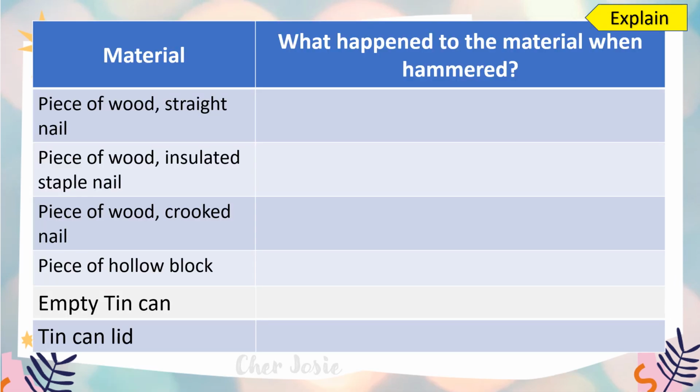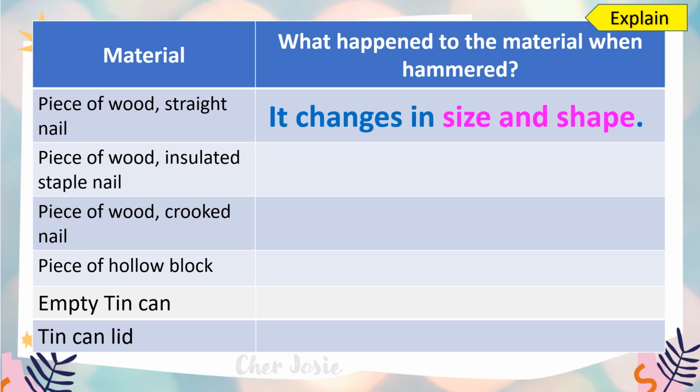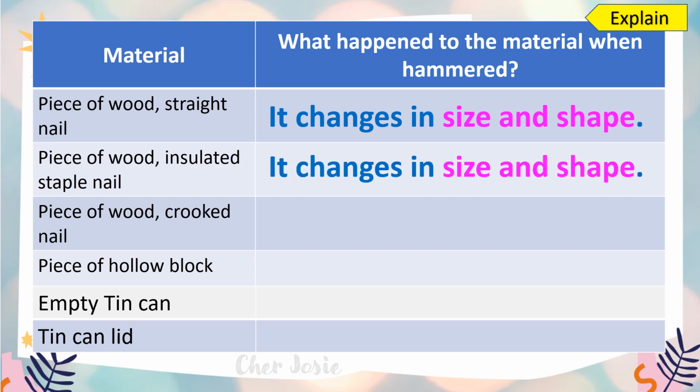Well done, kids! Now it's time for you to check your answers. For number 1, piece of wood and straight nail, it changes in size and shape. Piece of wood and insulated staple nail, it also changes in size and shape. Piece of wood and crooked nail, it also changes the size and shape.